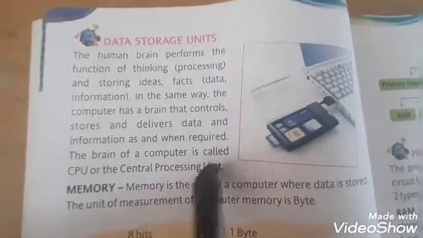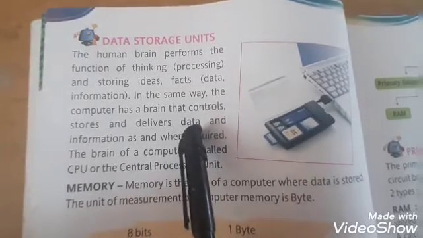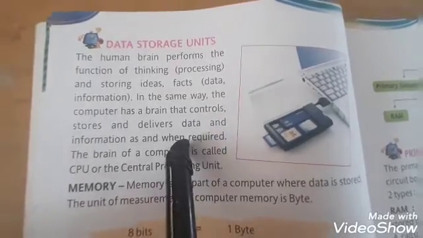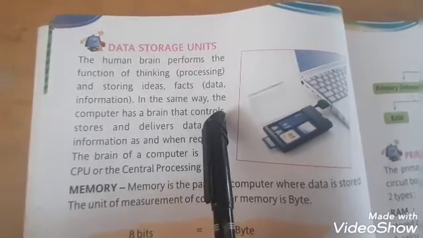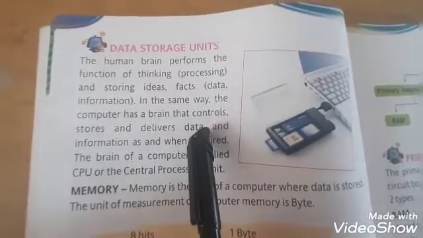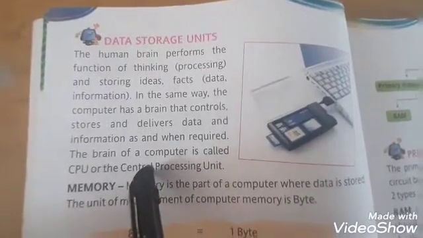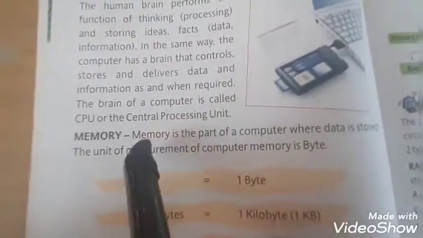The brain of the computer is called the CPU. You have studied this in previous classes also, and the same thing is repeated here: the CPU can control whatever work is being done, and can store and deliver data, meaning it gives the output as per our requirement, and that is why it is called the brain of the computer.